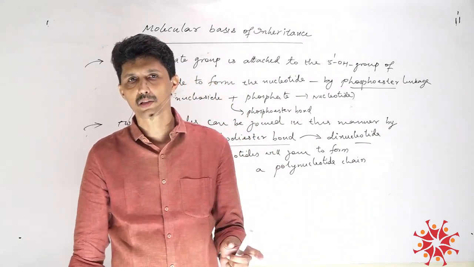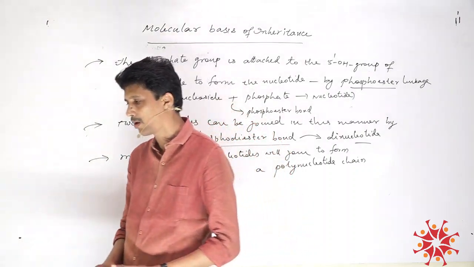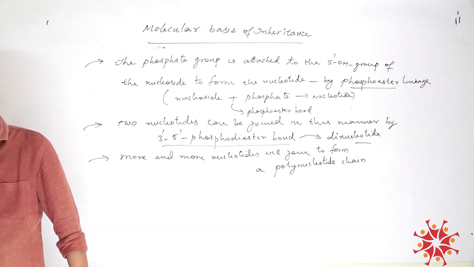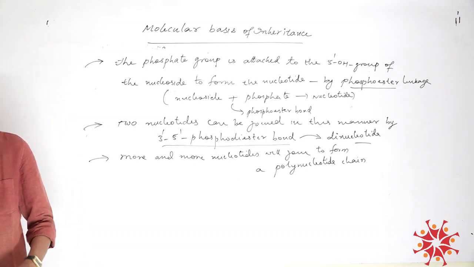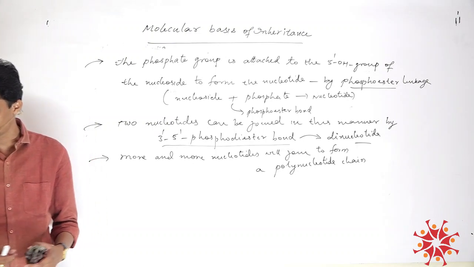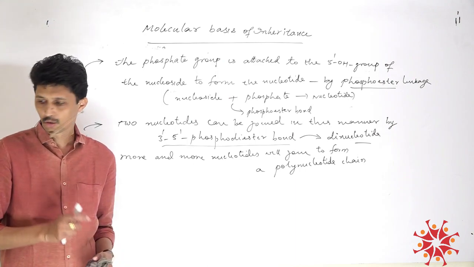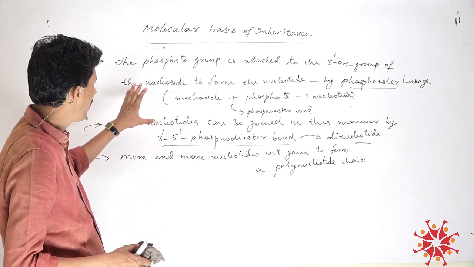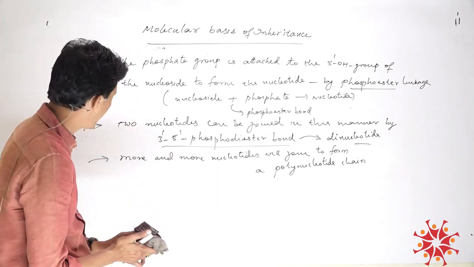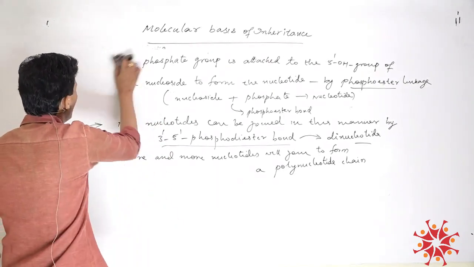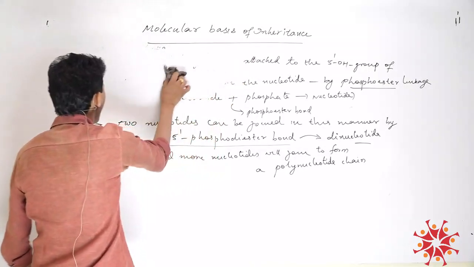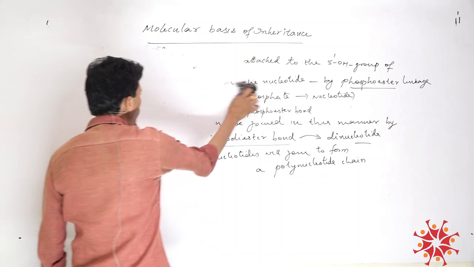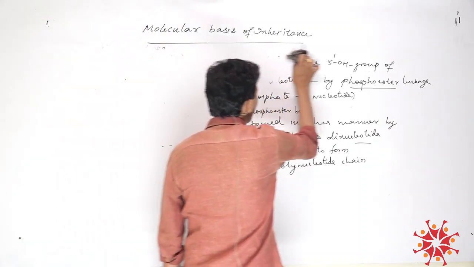Remember what bonds and linkages are involved, and they are very important because the different types of linkages are very important. So here we have got a polynucleotide chain. Now we'll see how these bonds actually look.